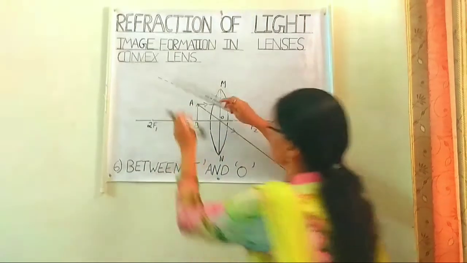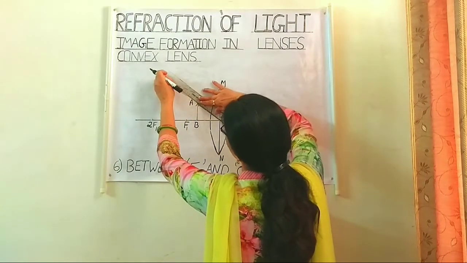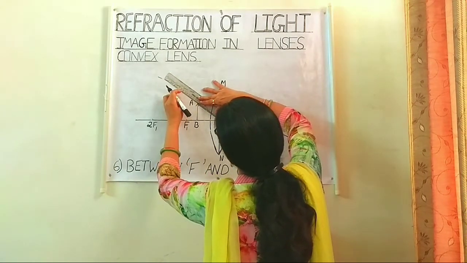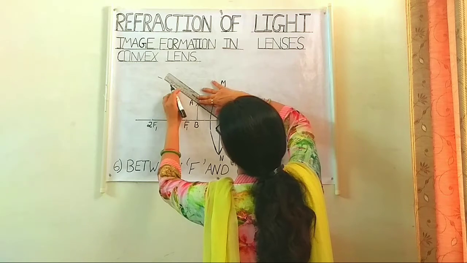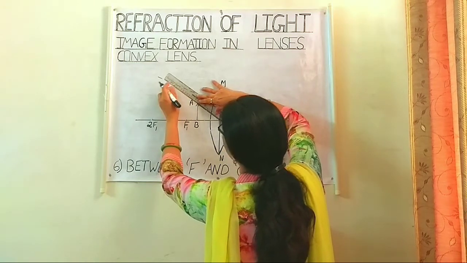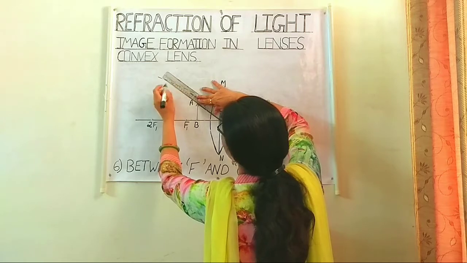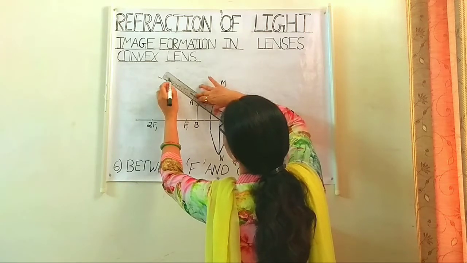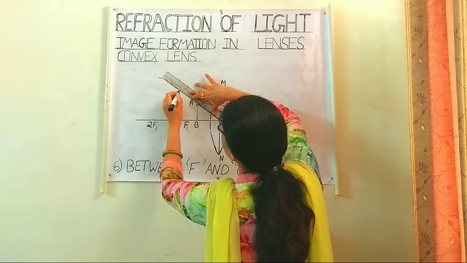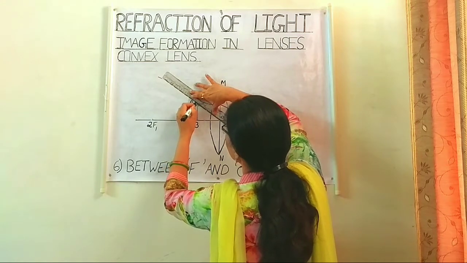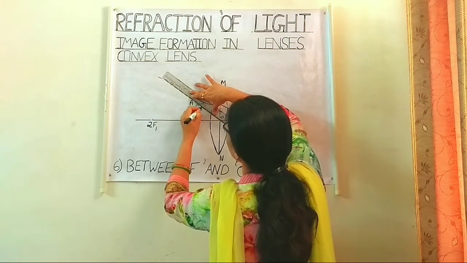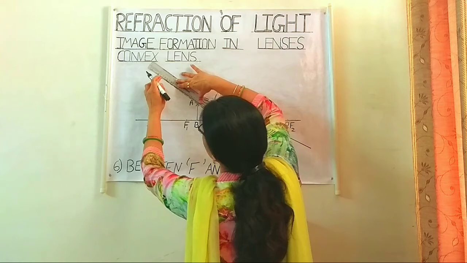Same way here, we can extend this and check whether these two rays are meeting somewhere, at the back side or at the front. Same way here also, we have to use dotted lines.